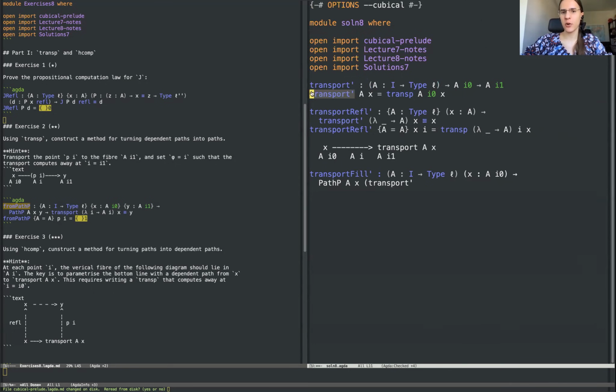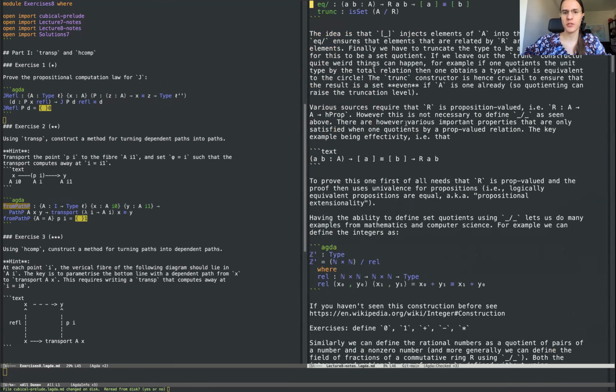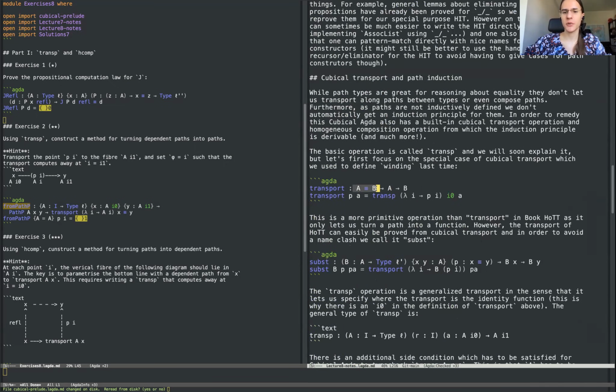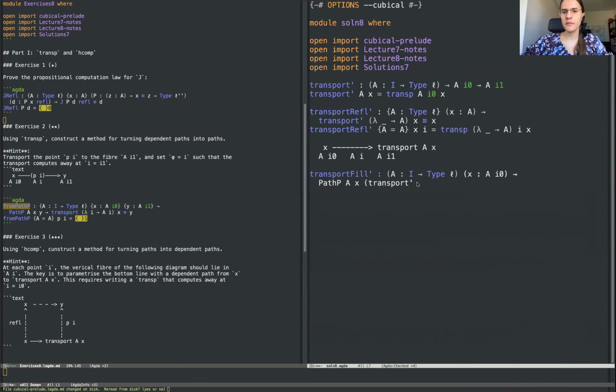So this is going to be a bit different from the version of transport that we see in the notes, which uses an equality, as you can see. But anyway, instead of dealing with equalities, if I just do these primed path versions, then that lets me not eta expand. From transport A of x. So I want a filler.